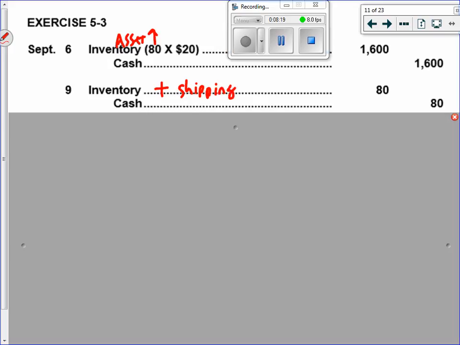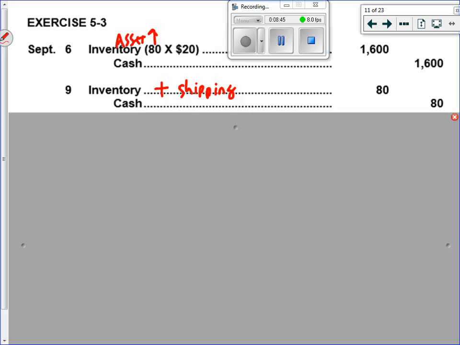Just so you remember, we didn't buy $80 more worth of calculators. We paid $80 for the calculators to get to us. So I would just put plus shipping somewhere there, just so we don't forget that. Because could it look like we bought $80 more of calculators there? It really could have.